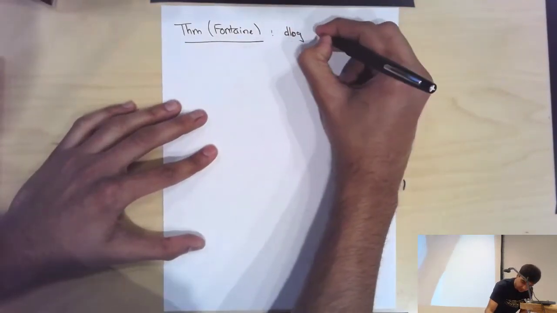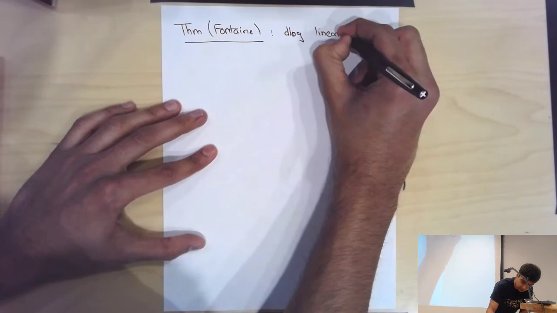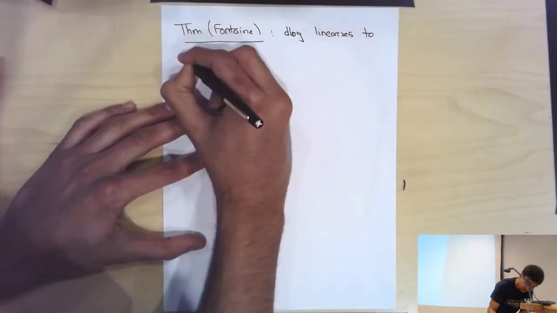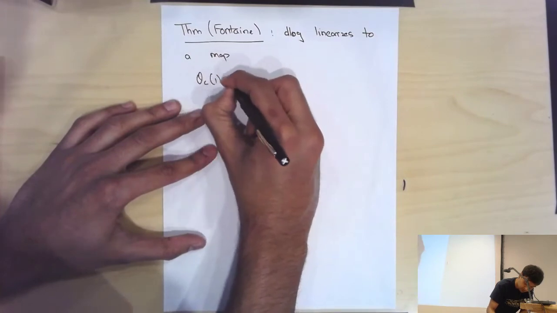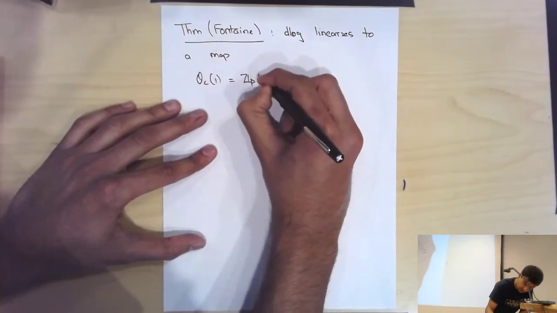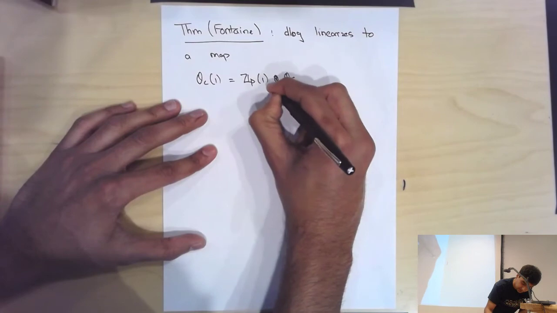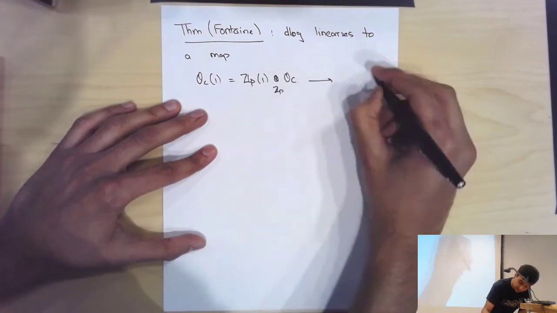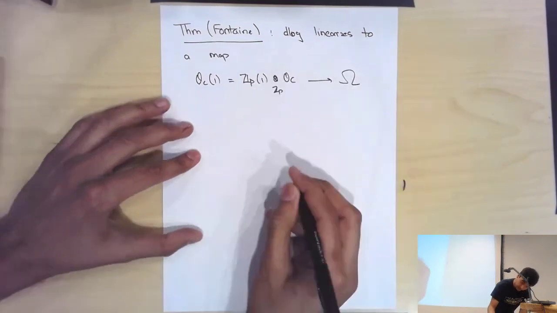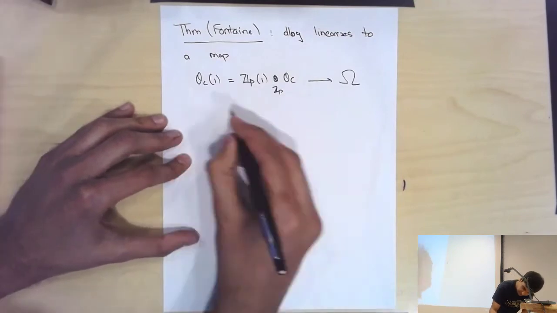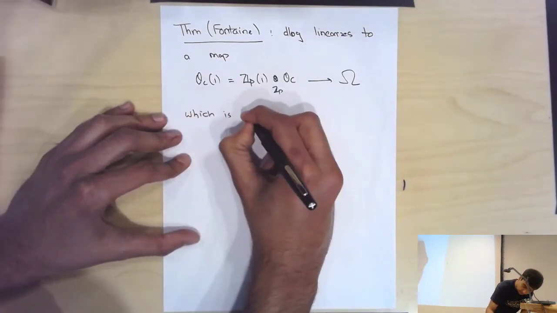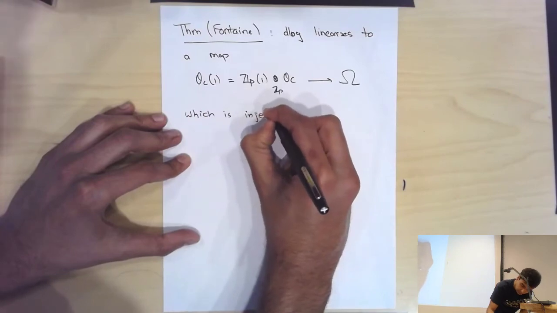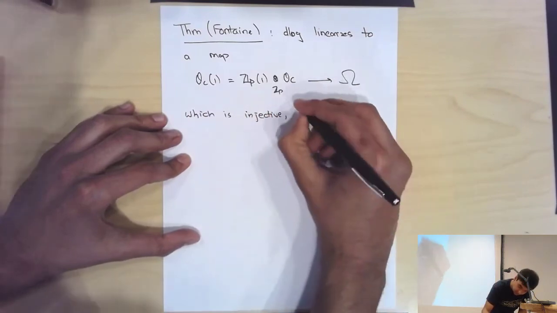So d-log linearizes to a map from O_C(1), which is just Z_p(1) tensored with O_C over Z_p, mapping into omega. And so it's not quite an isomorphism, but it is injective and the co-kernel is torsion.